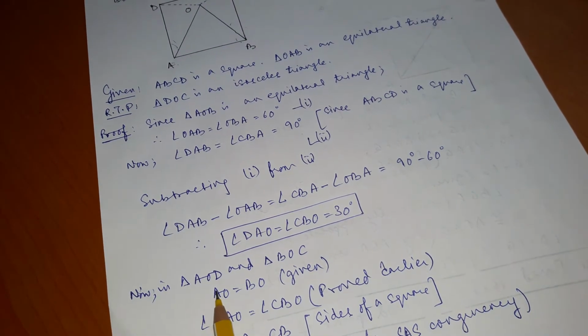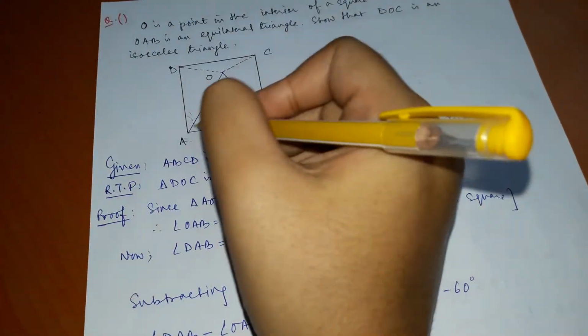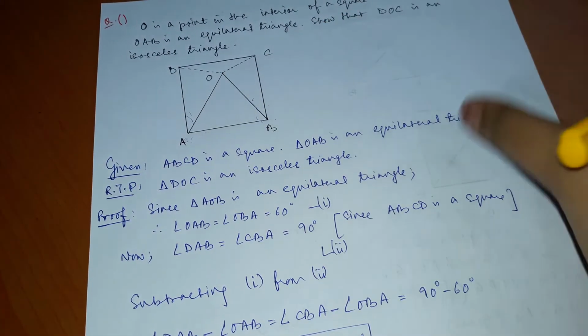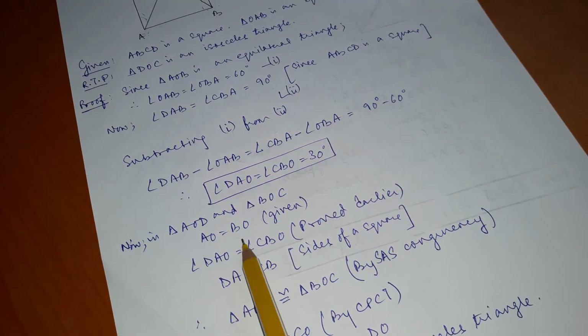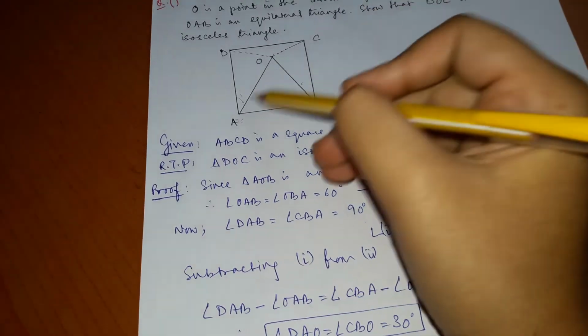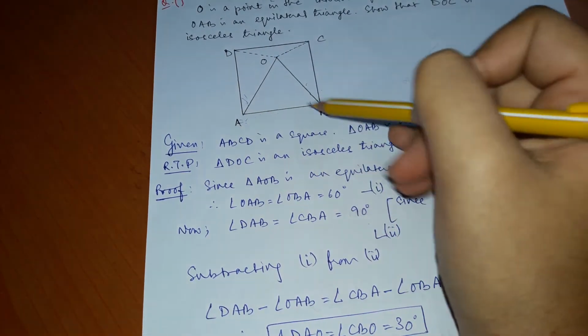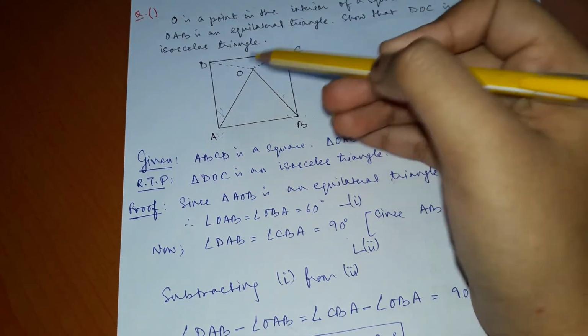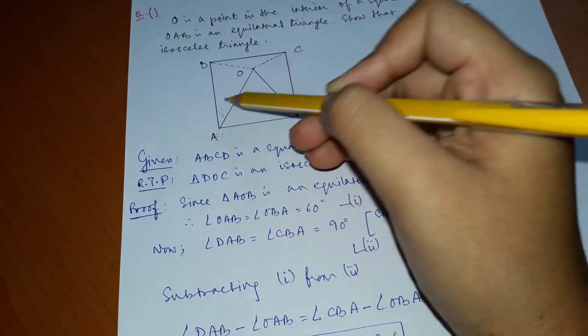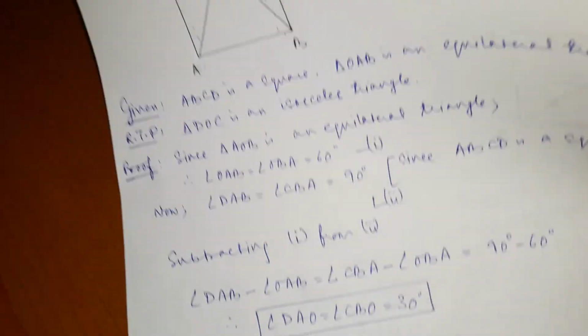Now in triangle AOD and triangle BOC, what can we say? We can say that AO equals BO, we are given. Why? Because ये जो AOB है ये एक equilateral triangle है. So we can clearly see that AO equals BO क्योंकि all the sides of an equilateral triangle are equal.